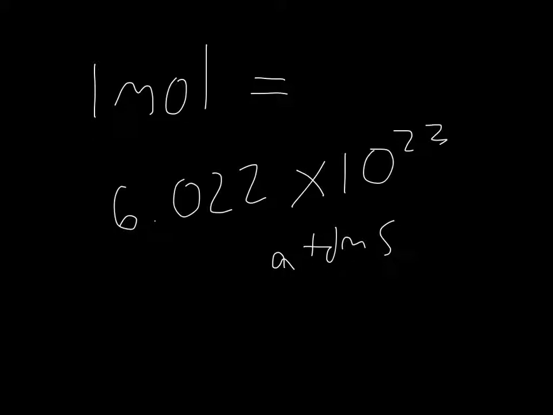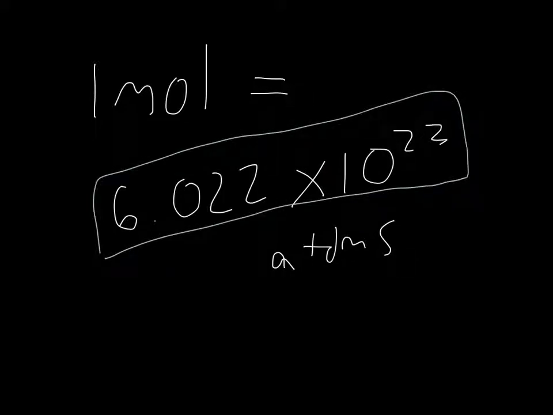So I could say I have 2 moles of methane, and it would be 12.044 times 10 to the 23 atoms, or 1.2044 times 10 to the 24. So scientific notation is also important, but this number right here, the weird one, you're going to need to memorize it for 1, very important. And for 2, it is called Avogadro's number.